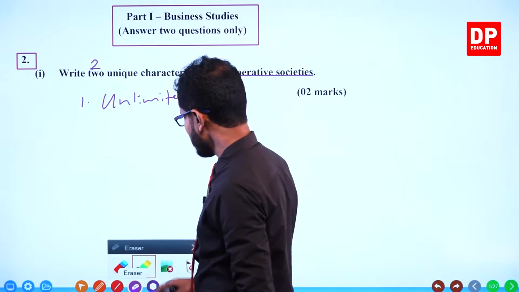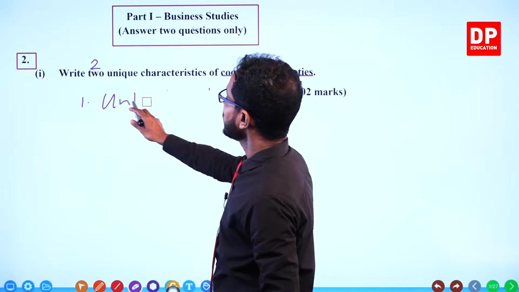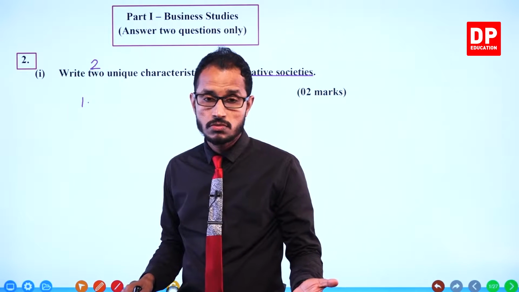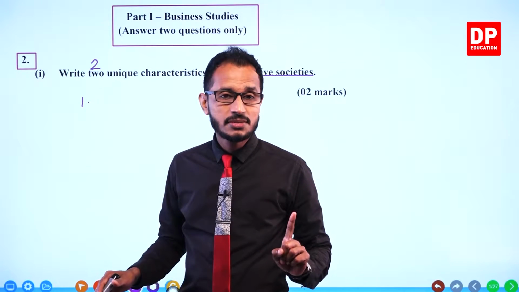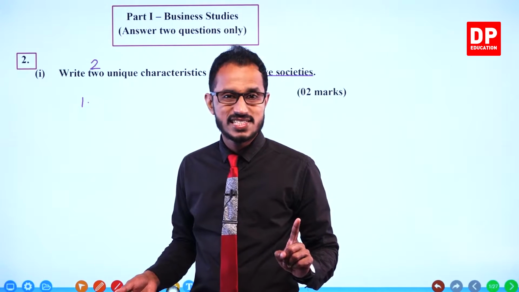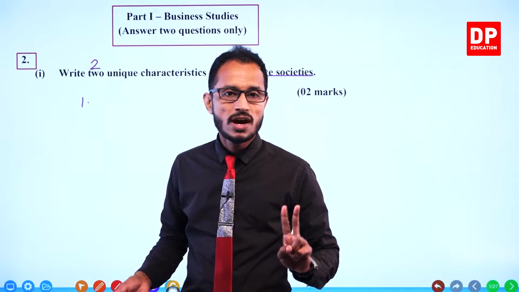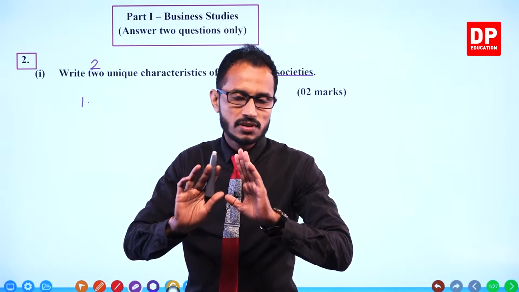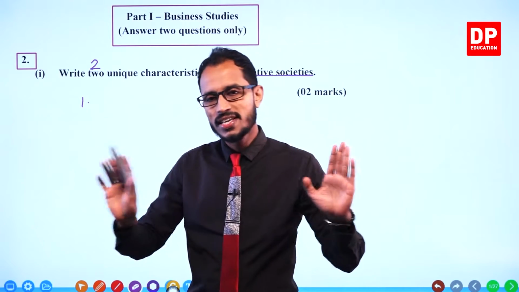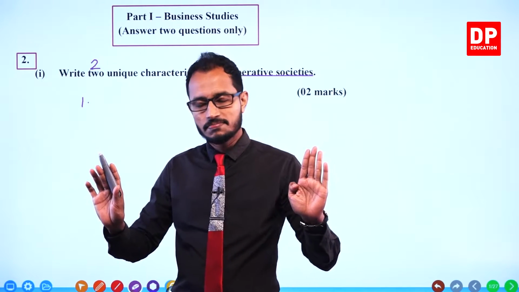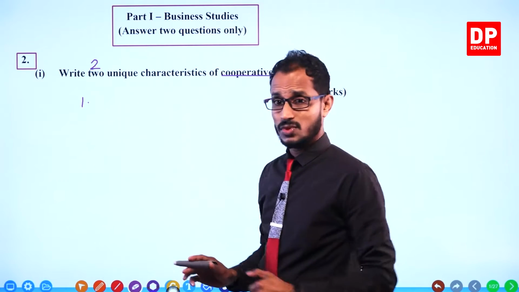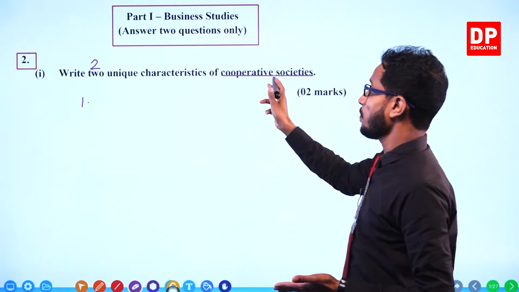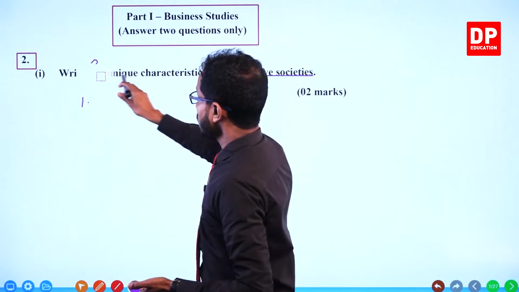Because these characteristics are available in other organizations also. Like in sole proprietorships, unlimited liability is there. In partnerships also, unlimited liability. No legal personality, they are not legal entities. Those are available in other organizations, not only in cooperative societies.